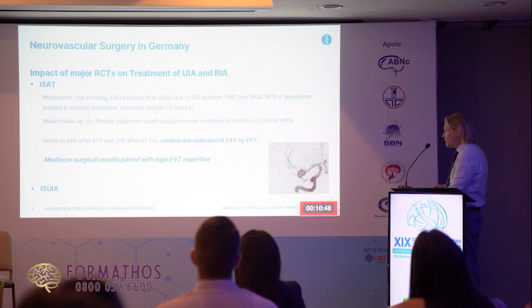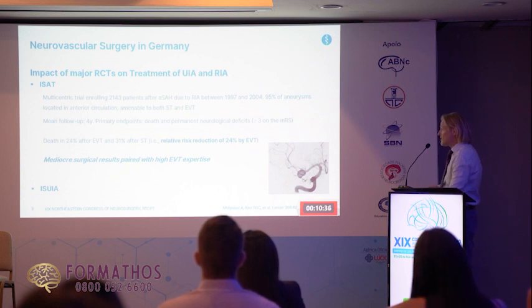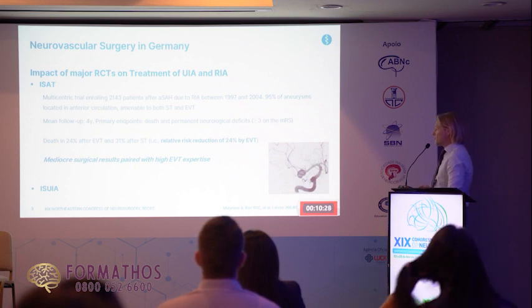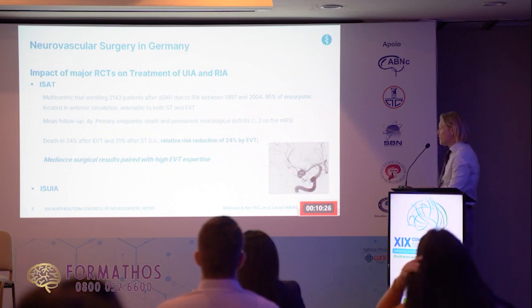The mean follow-up was 4 years with primary endpoints of death and permanent neurological deficits. It showed that death or dependency occurred in 24% after endovascular treatment and 31% after surgical treatment, a relative risk reduction of over 20% by endovascular therapy.